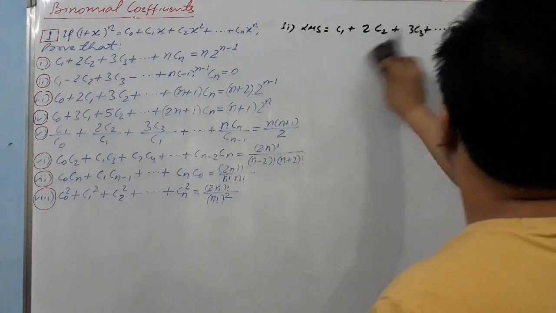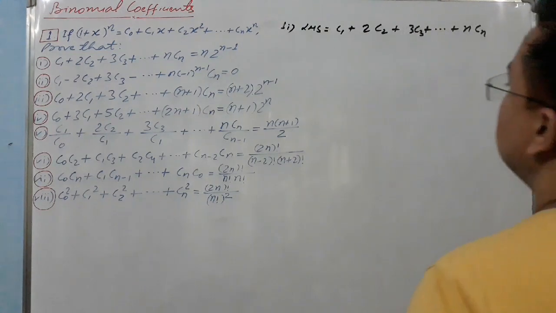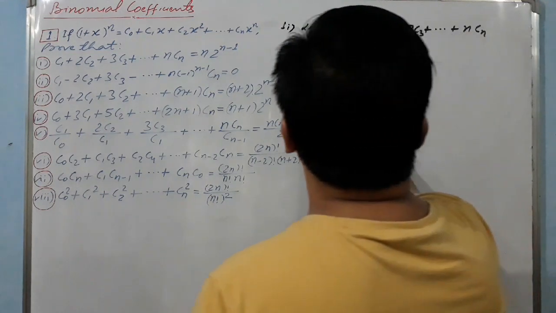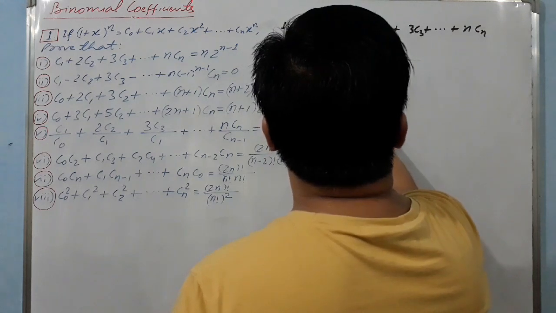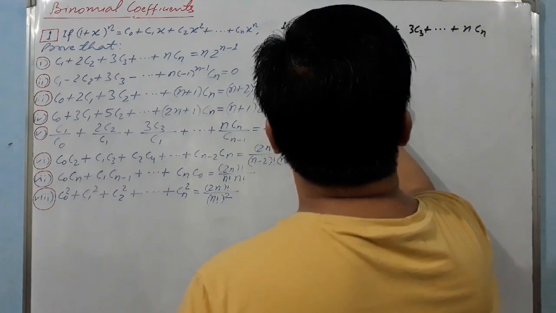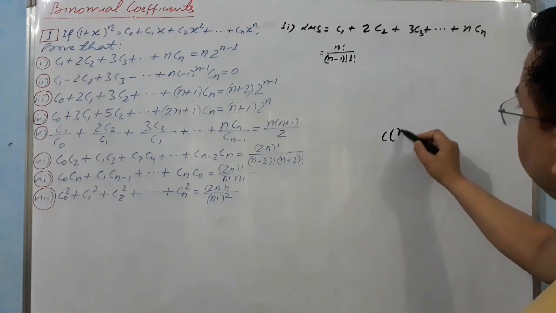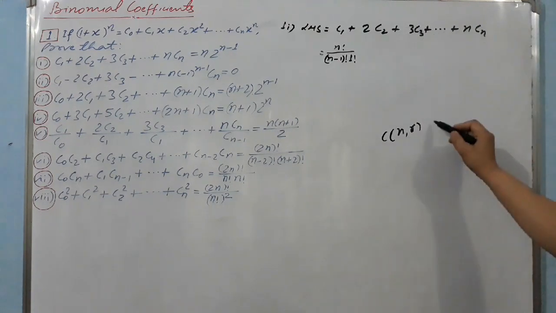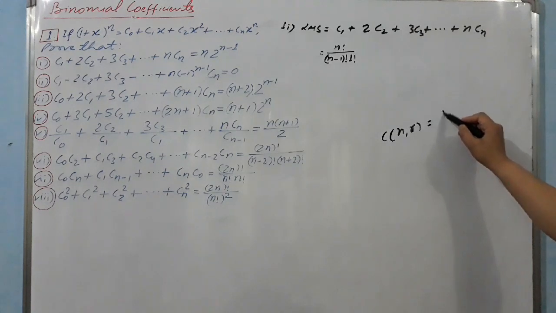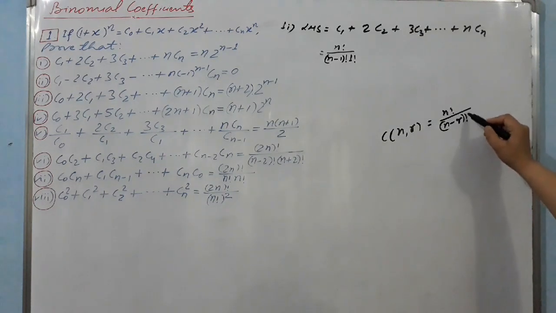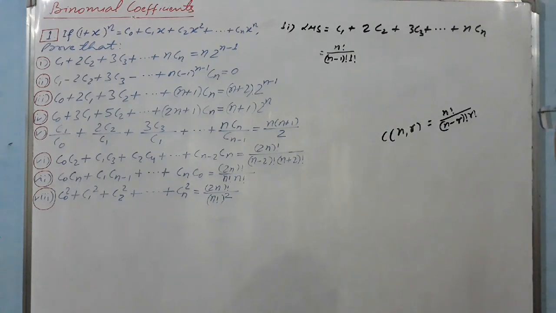So for C1, I'm going to use the formula of nC1, which is n factorial over n minus 1 factorial times 1 factorial. The formula is nCr equal to n factorial over n minus r factorial times r factorial.